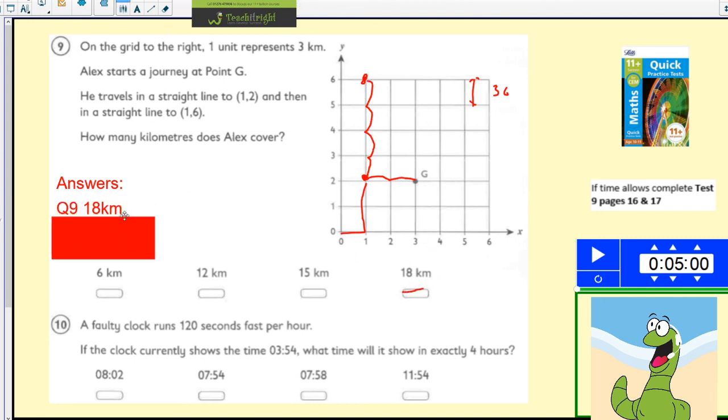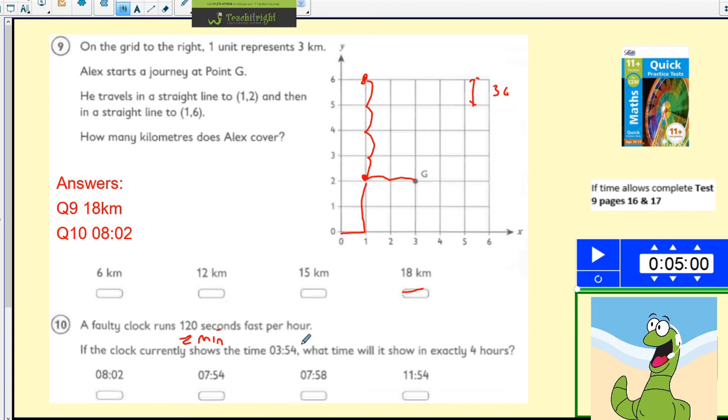Really good. And the last one, a faulty clock runs 120 seconds fast per hour. So I'm going to say, already going to convert that to be more useful to myself, 2 minutes fast per hour. So for every hour that passes, it will gain 2 minutes.